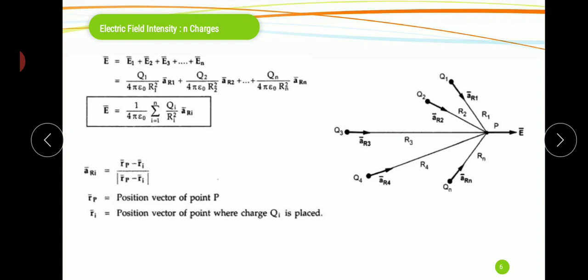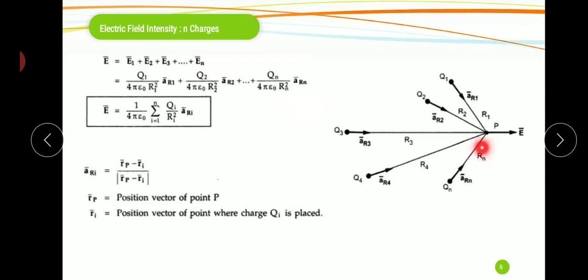The corresponding electric field intensity is E bar n, which equals qn by 4 pi epsilon naught rn square a bar rn.